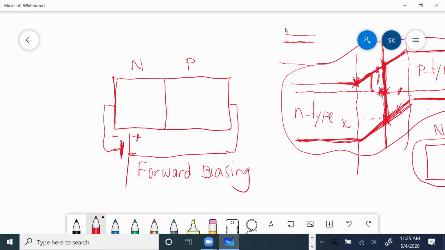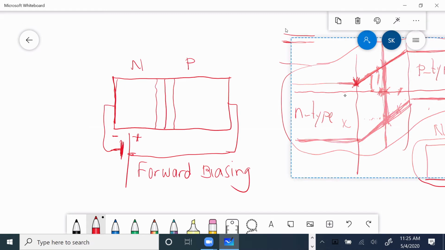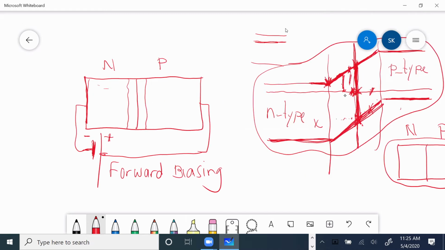And what happens? Don't forget, we did have a depletion region. Now these electrons which were there have the same charge as the negative pole of the battery. Equal charges repel each other.